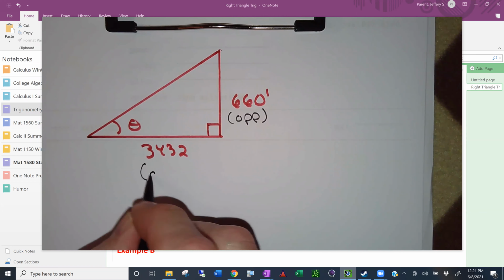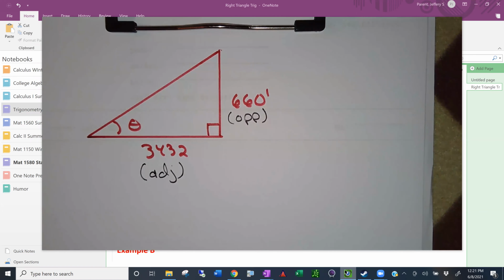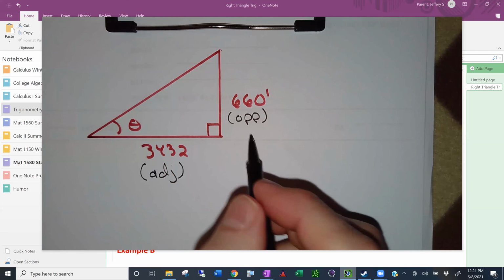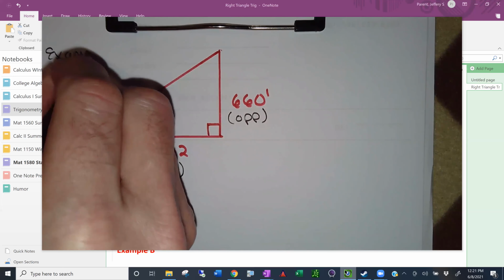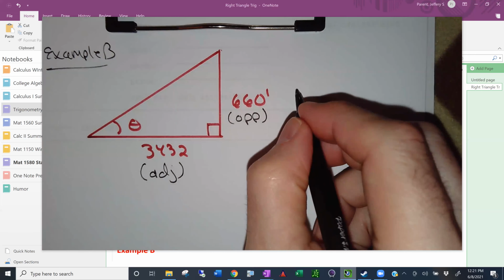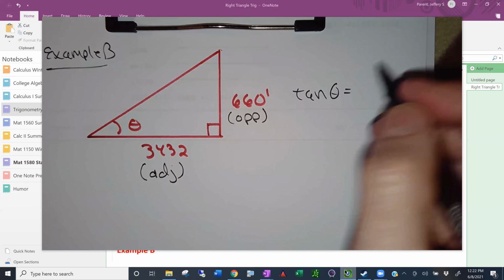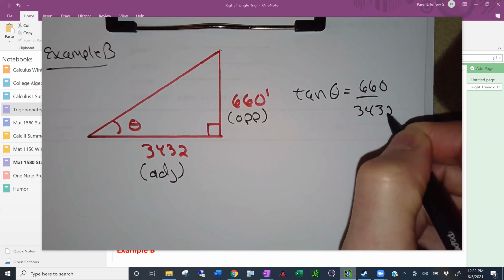Adjacent. Adjacent. Excellent. So is there a trig function that involves the opposite, adjacent, and an angle? Tangent. Yeah, the tangent. So the tangent of theta is going to be 660 over 3432.